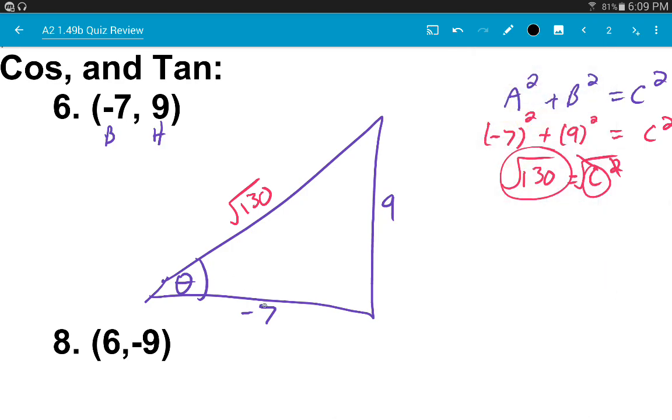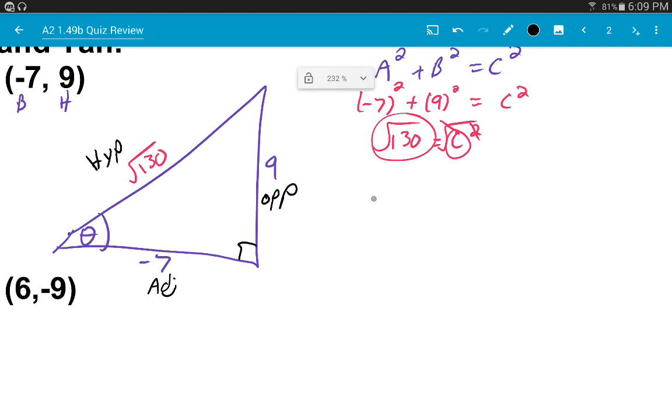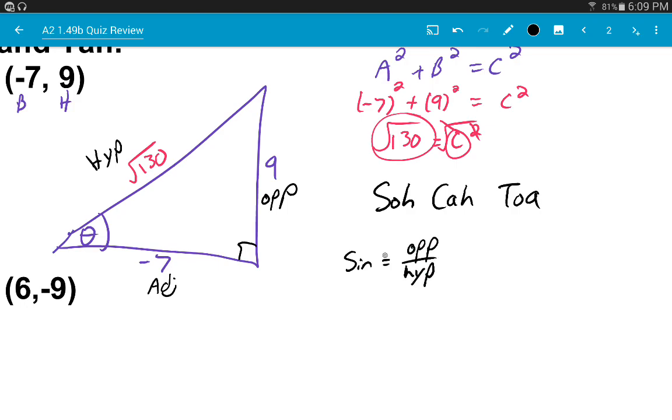Now from theta, this is opposite. This is the hypotenuse because it's the longest side and it's across from the right angle. And this right here is the adjacent. So SOHCAHTOA, which you have to have memorized. Sine is opposite over hypotenuse. Sine is op over hype, which is 9 over radical 130.